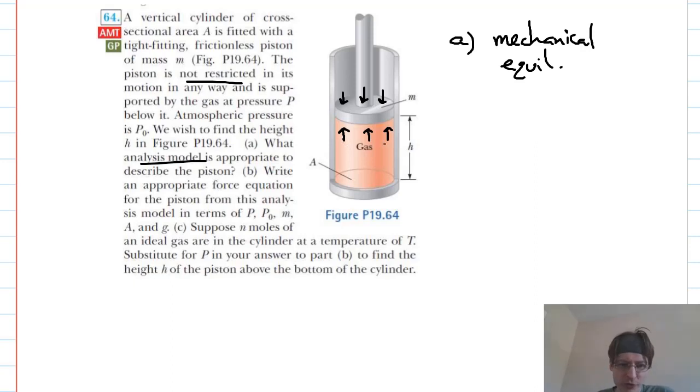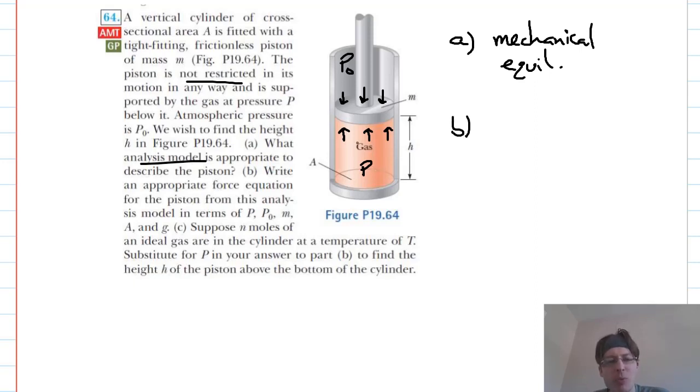The pressure force must balance whatever external forces are pushing down on the piston, which includes gravity and the atmospheric pressure. Don't forget, there's not only pressure in the gas, but there's also outside atmosphere air here, which supplies some atmospheric pressure, P0.